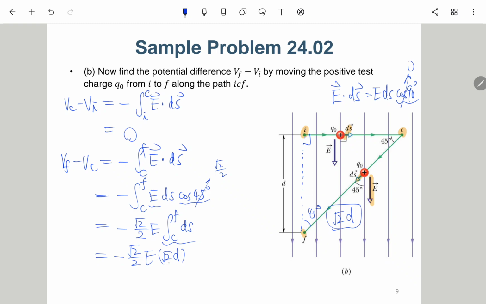The square root of 2 and 2 cancel. It finally turns out to be negative Ed. Then Vf minus Vi equals Vf minus Vc plus Vc minus Vi, which is negative Ed plus 0, which is negative Ed. So it will be the same value as the previous one. Any questions?